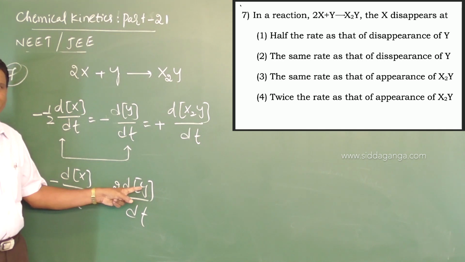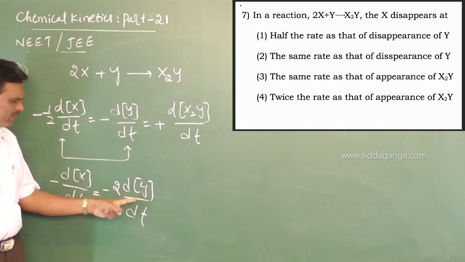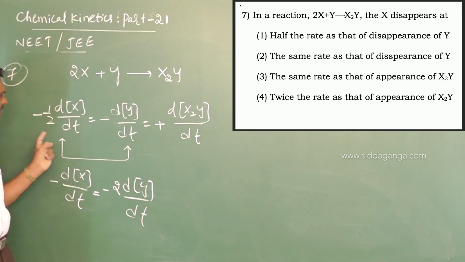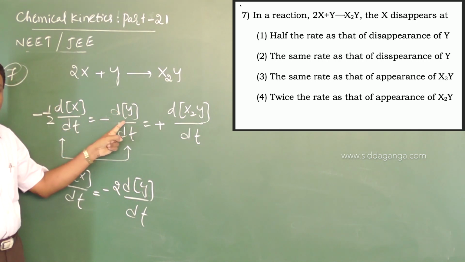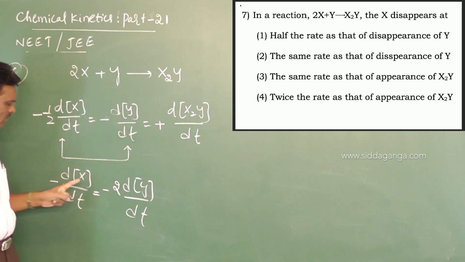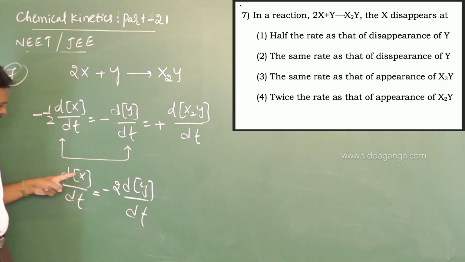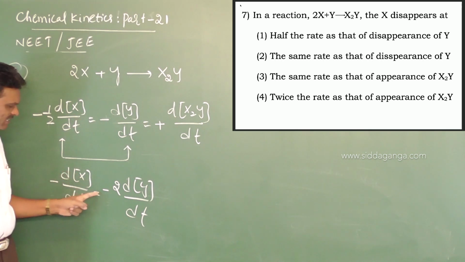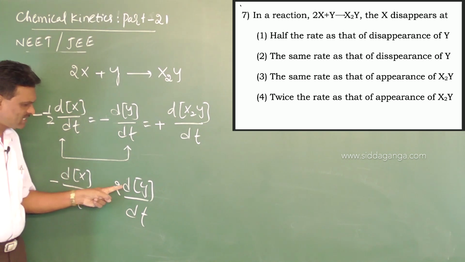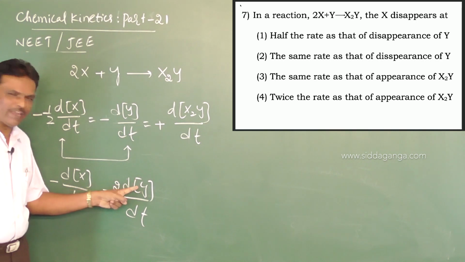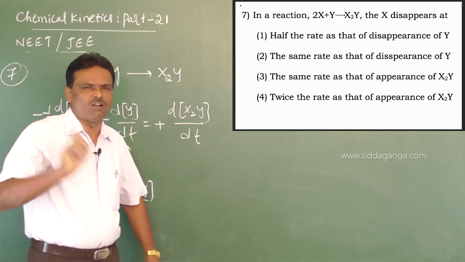They have given half the rate as that of disappearance of y, that is wrong. That is why first option is wrong.